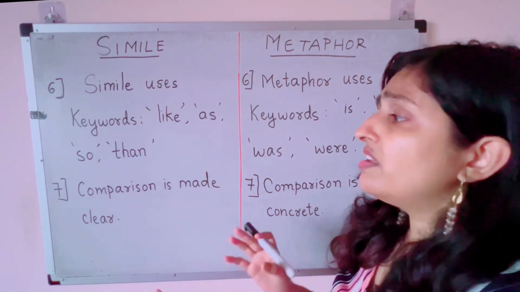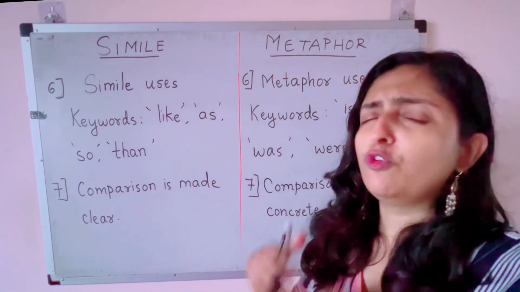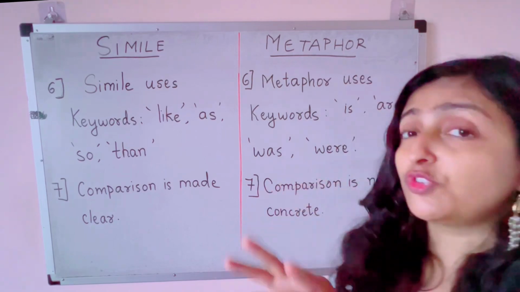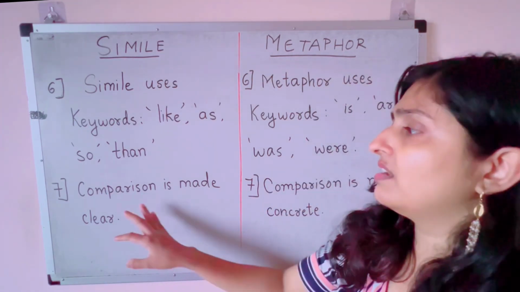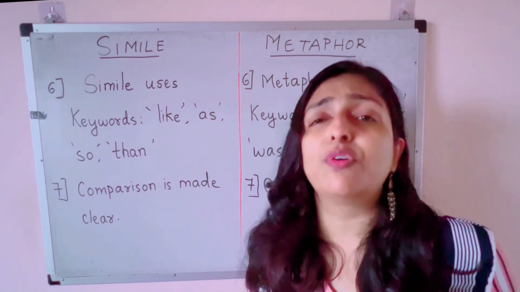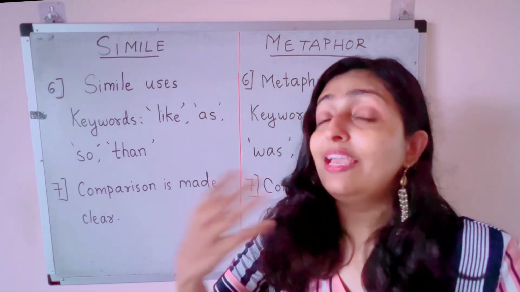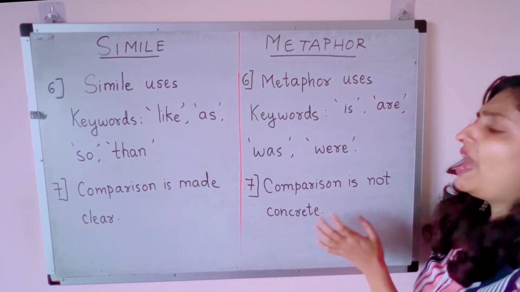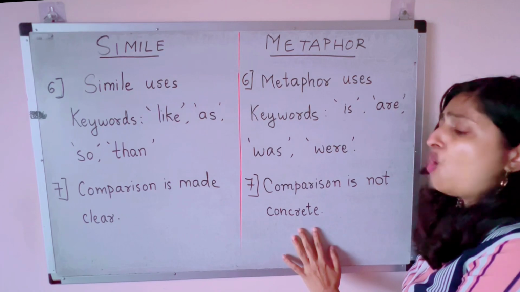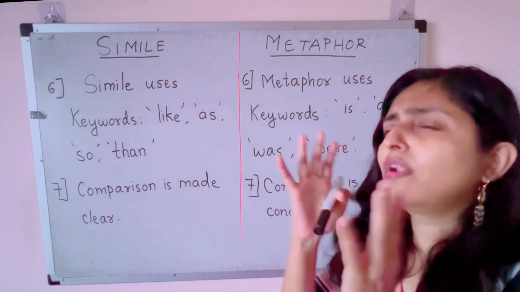Next, what is the purpose of using these keywords? So that we get a clear-cut comparison. The comparison is made clear in simile while it's the contrary in metaphor. Comparison is not at all concrete. It's not clear.